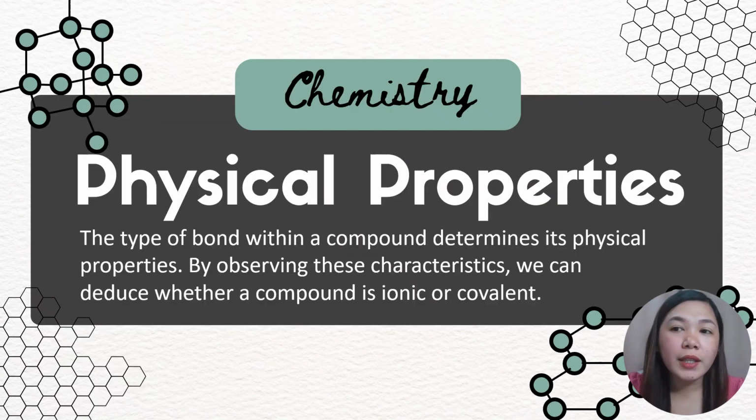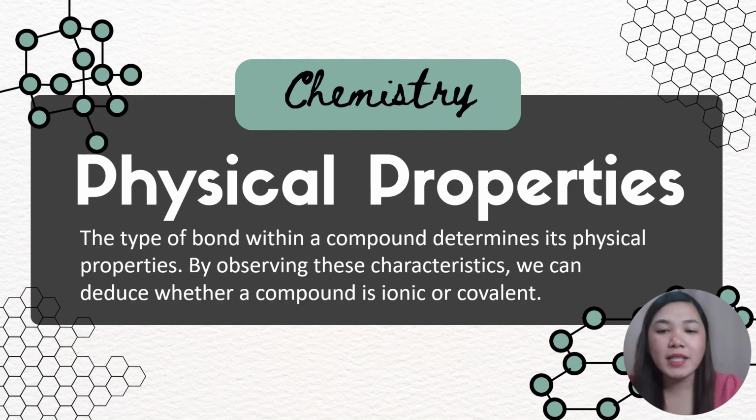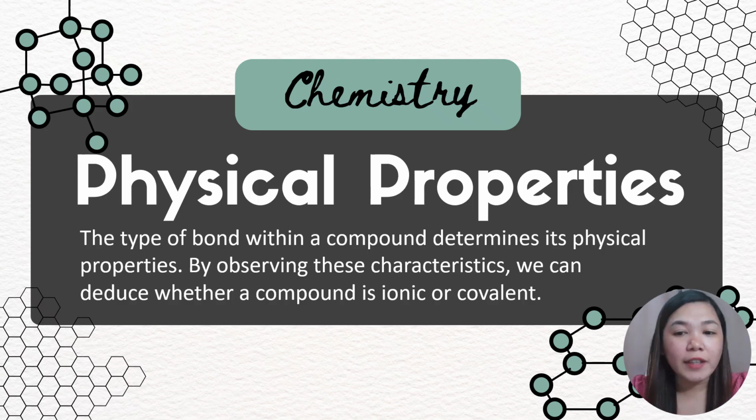So let's go on now to the different physical properties of ionic and covalent bonds. Aside from the transferring and sharing of electrons, the type of bond within a compound also determines its physical properties. By observing these characteristics, we can deduce whether a compound is ionic or covalent.